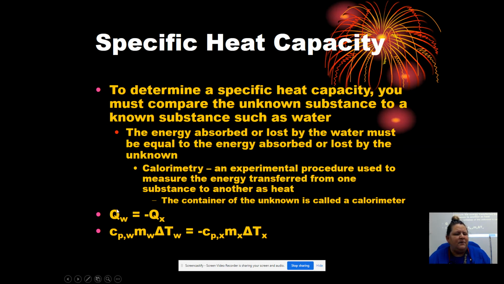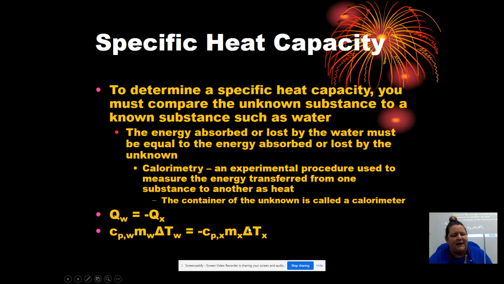So Q, if you go back to that other slide, the equation for Q, I said, was the specific heat times the mass times the temperature change of the water. That is going to equal the specific heat of the material, which we're going to try to calculate, the mass of the material, and the temperature change.